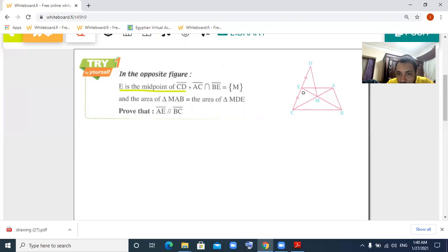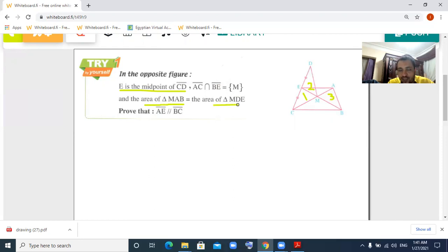It means the area of triangle number 1, which is CME, equals the area of triangle number 2, which is EMD, because EM is a median for triangle DMC. Now I also have given that the area of triangle MAB, which I will call number 3, is equal to the area of triangle MDE, which is number 2.